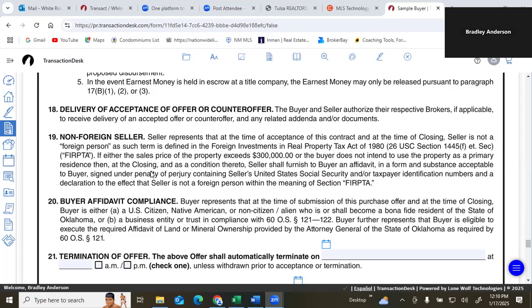But if an owner of property, because you don't have to be a legal citizen here to buy property in the US, is selling this to somebody and they're not a legal resident, then the IRS takes issue with that because they're going to get a profit from this home, theoretically, and they need to pay taxes on that. And so everyone needs to be aware of whether or not this person is or is not a foreign seller. All right, the title company will guide you as to what happens if they are.